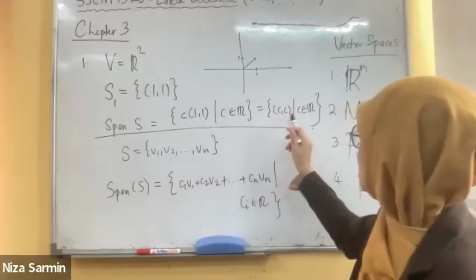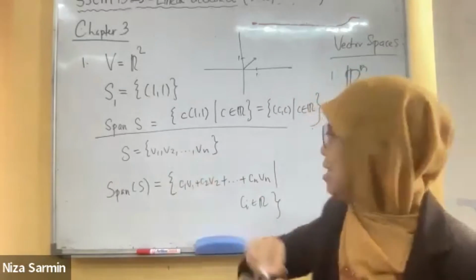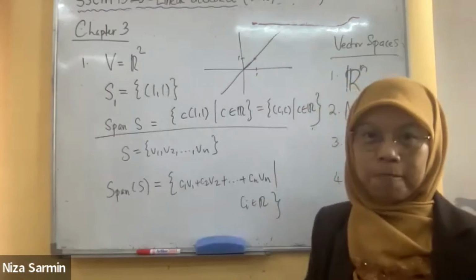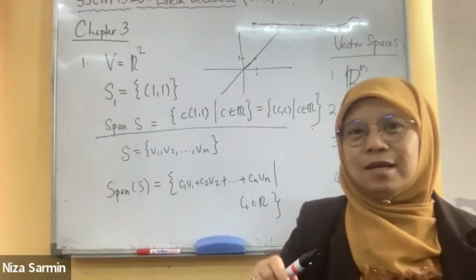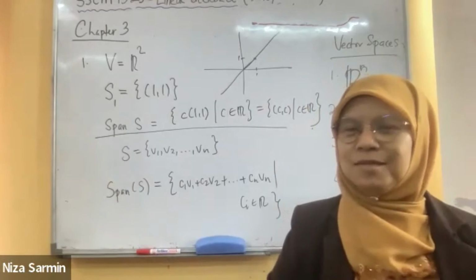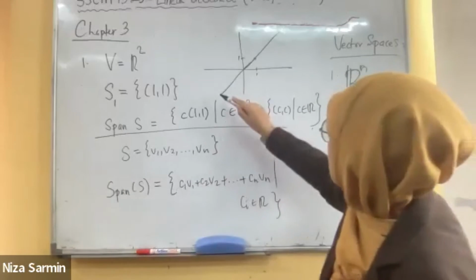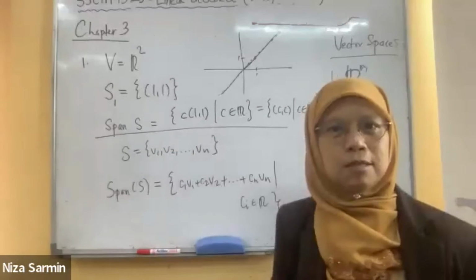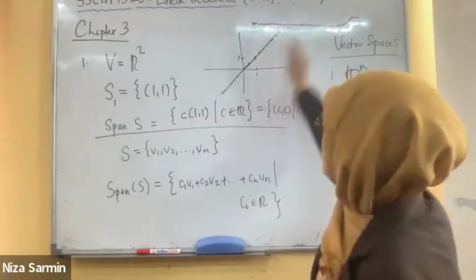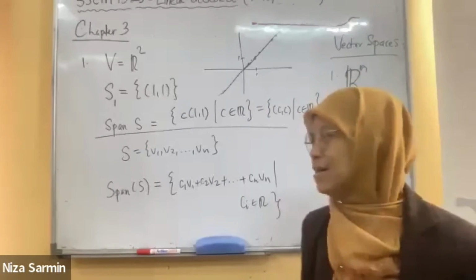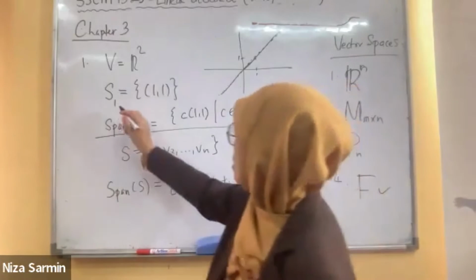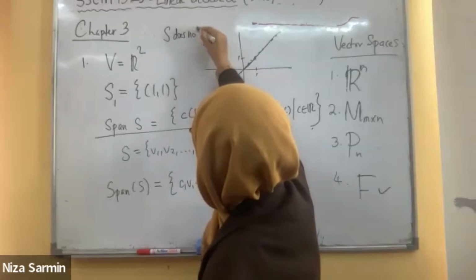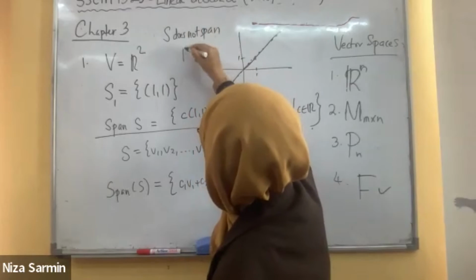So (C, C) is the whole line, because it's a multiple of (1, 1). So all this is span S. So the linear combination is just one line, meaning S does not span R2.